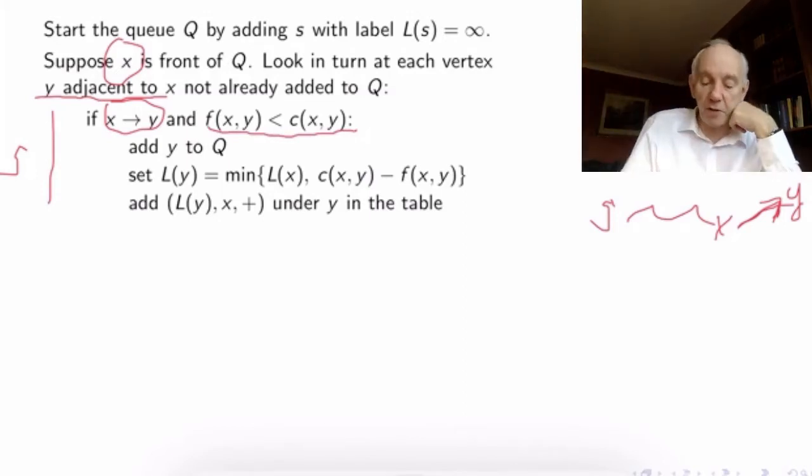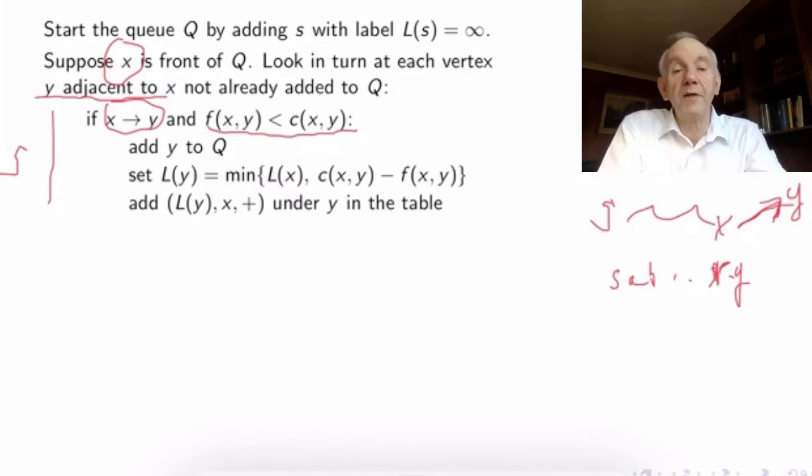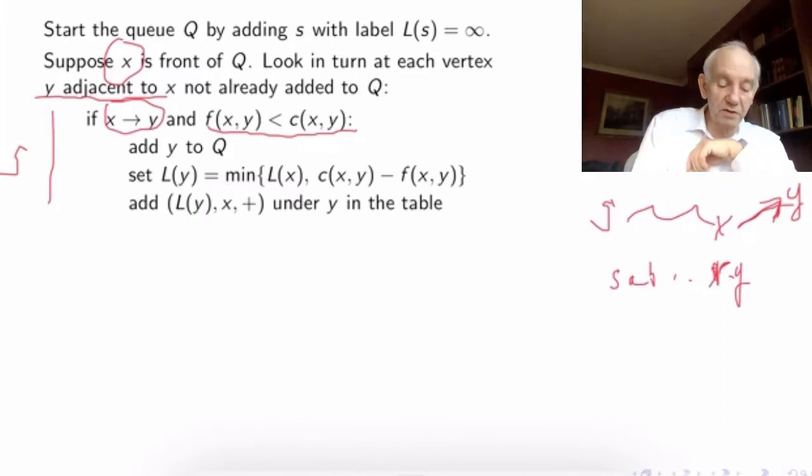There'll be some queue here, maybe we start by adding A and B to the queue, and eventually we get up to X. We choose the vertices adjacent to X in some alphabetical order, typically. And if the first of them is Y, which is possible, then in this situation we would add Y to the queue, capital Q standing for queue.